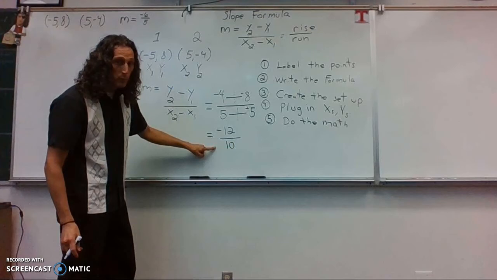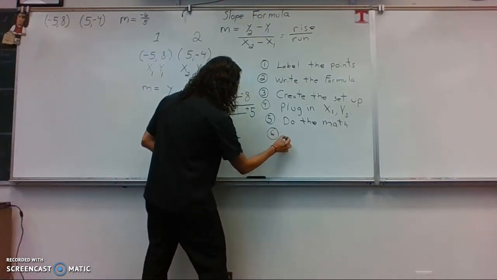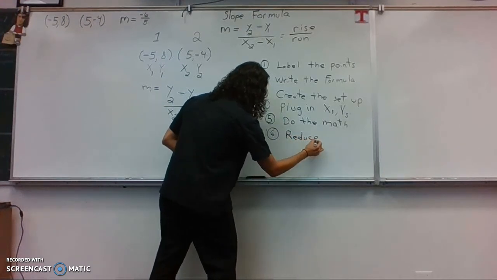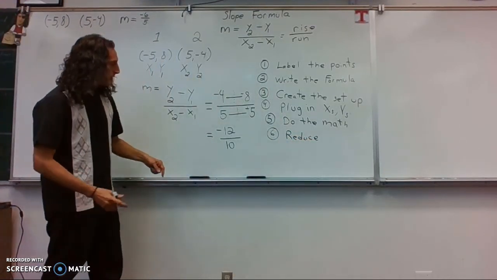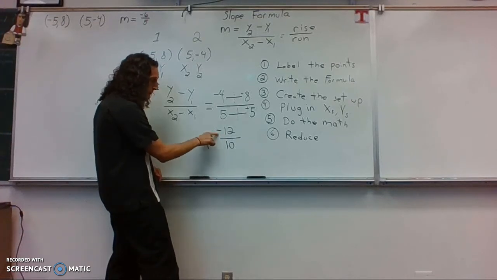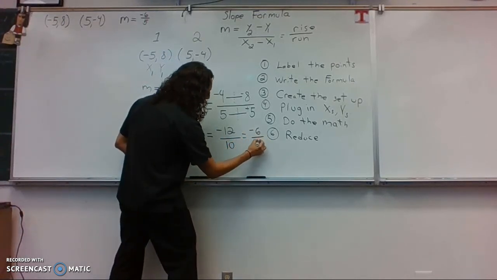And doesn't that look familiar? So our last step is reduce. So if I divide both of these by 2, I'll get my negative 6 over 5.